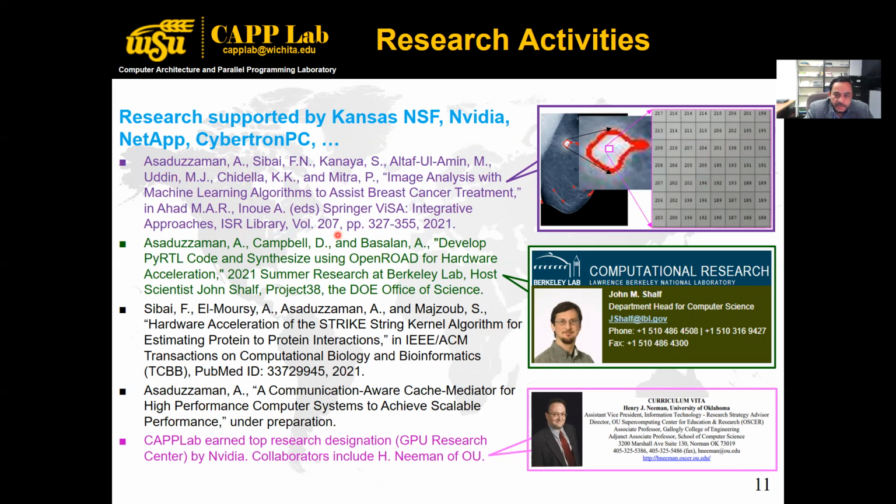During our summer project, we developed PyRTL code and synthesized it using the OpenROAD tool for hardware acceleration. And we got some interesting results. Recently, with my collaborators, we published an article in IEEE/ACM Transactions on Computational Biology and Bioinformatics.